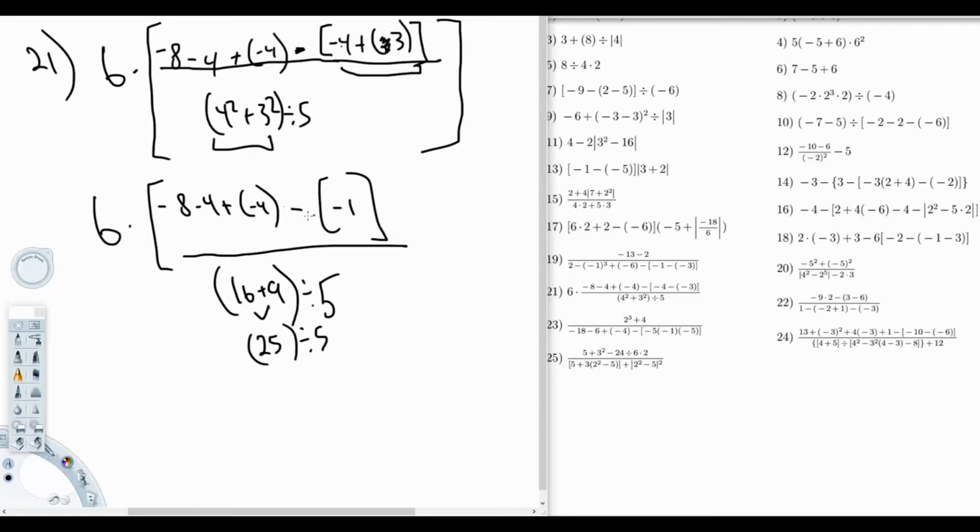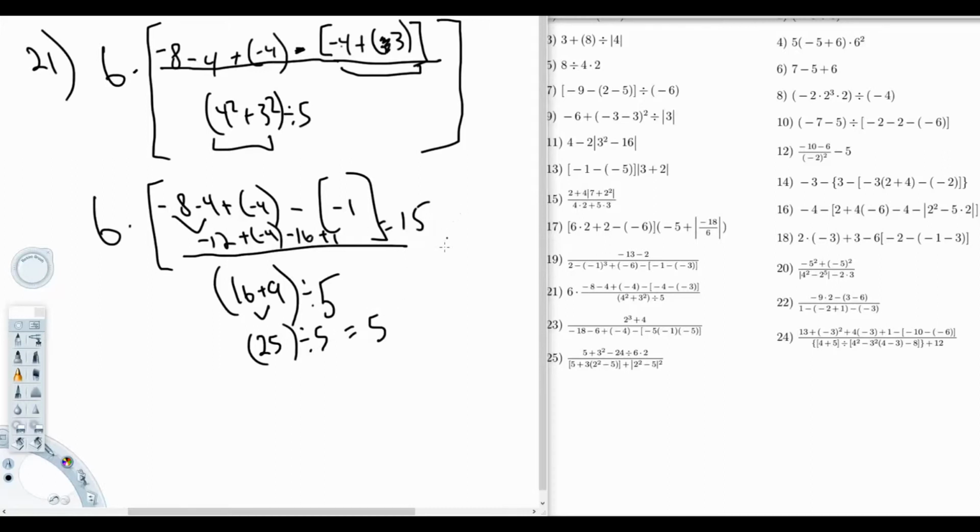It's only subtractions that are left. So it's minus 8 minus 4 equals minus 12. Plus minus 4 equals minus 16, minus minus 1. That's really plus 1, equals 15. So 25 divided by 5 equals 5.